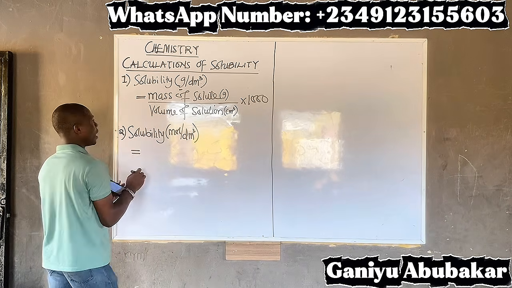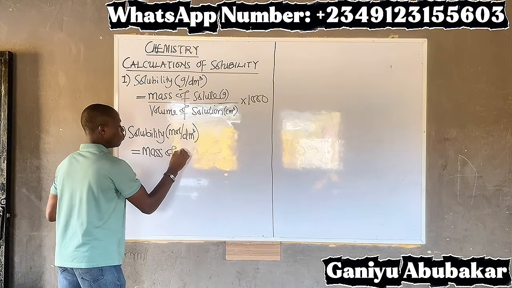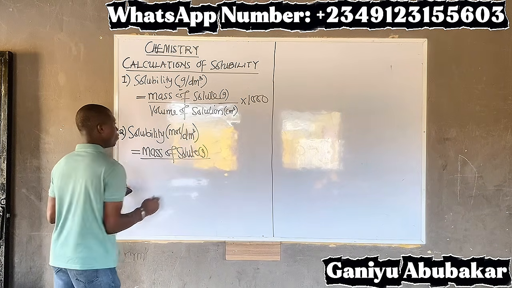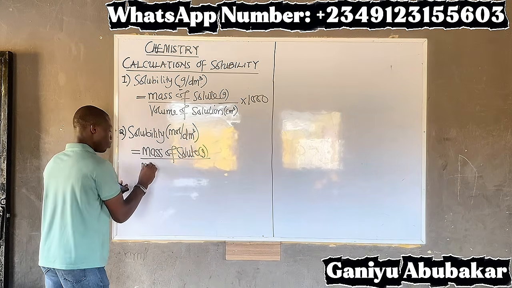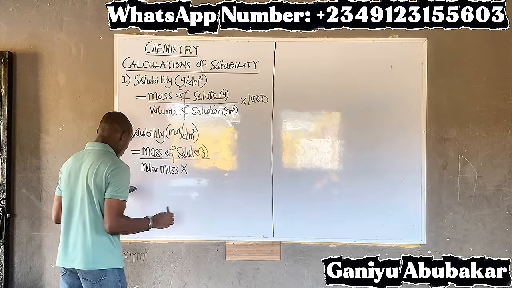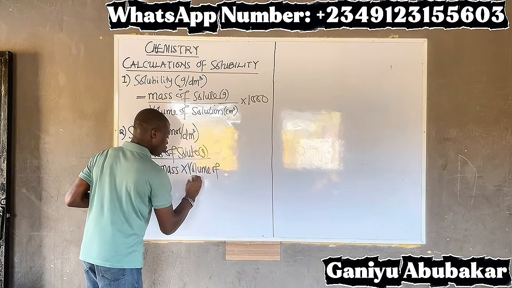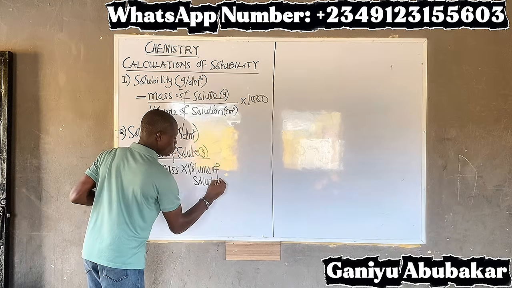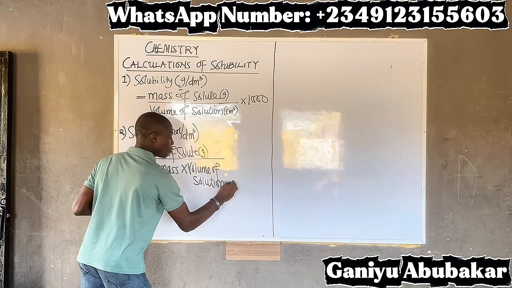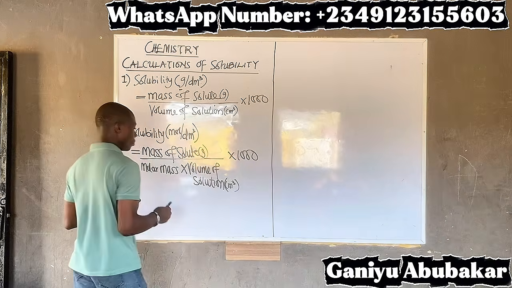The formula is given as mass of solute in gram over molar mass of that compound times volume of solution, of course in cm cube, times 1000.